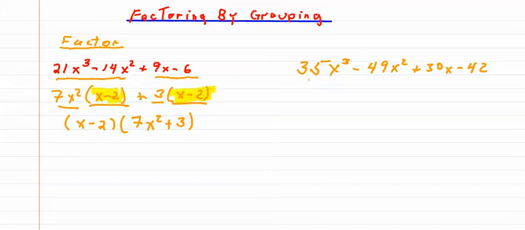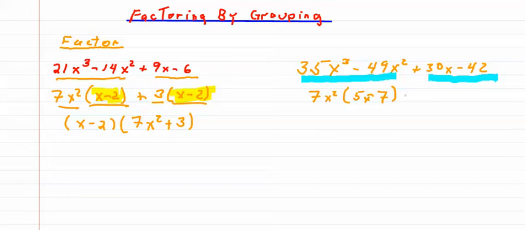Again, we group them into 2 groups, looking at the first 2 terms and the second 2 terms. My common factor is 7x squared times 5x minus 7, plus 6, common factor, times 5x, 6 times 7 is 42, minus 7.